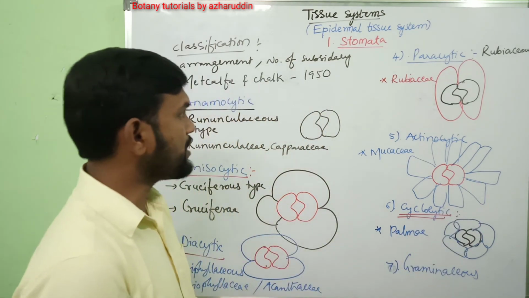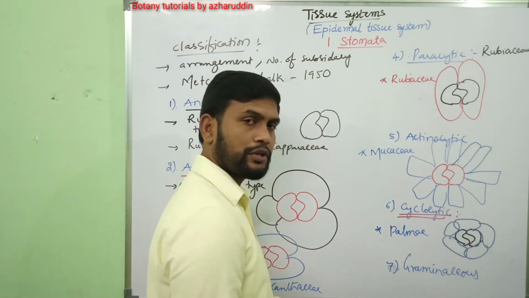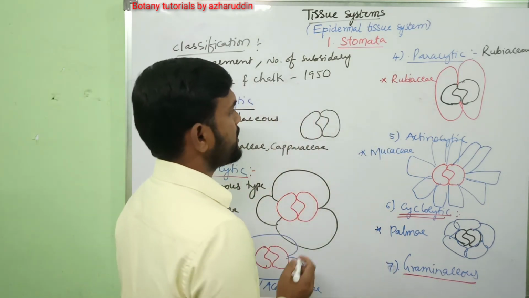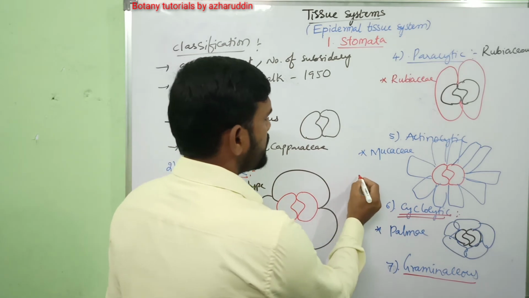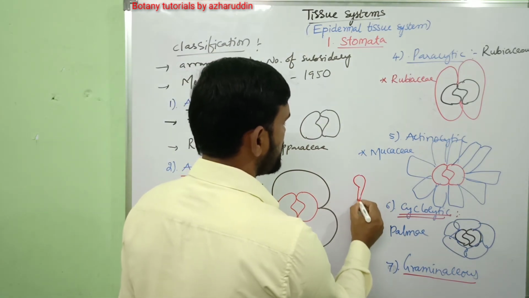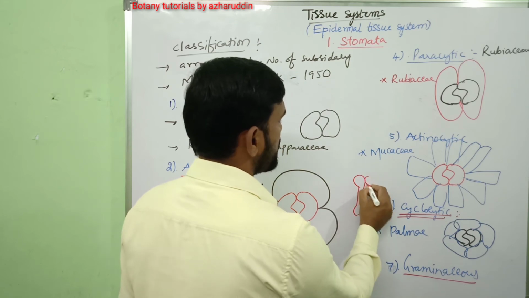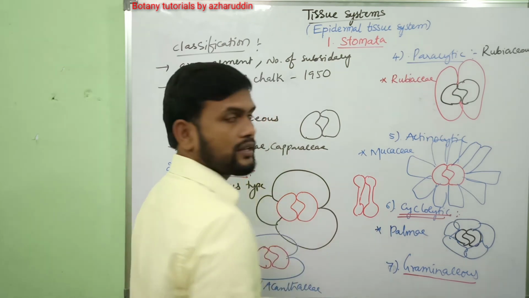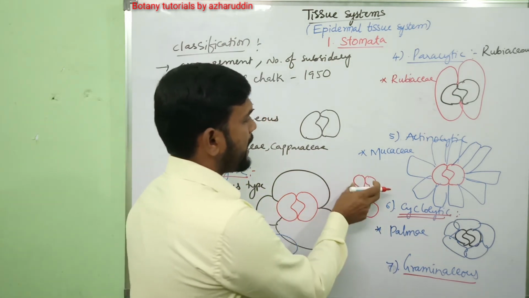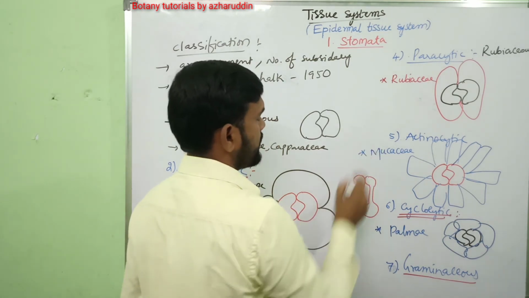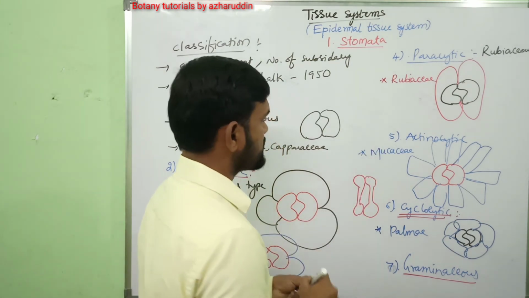Next, graminaceous type. Coming to 7th one, graminaceous type. In graminaceous type, guard cells are dumbbell shaped. These are the guard cells. They are dumbbell shaped, and subsidiary cells are parallel to the guard cells. These are the subsidiary cells.